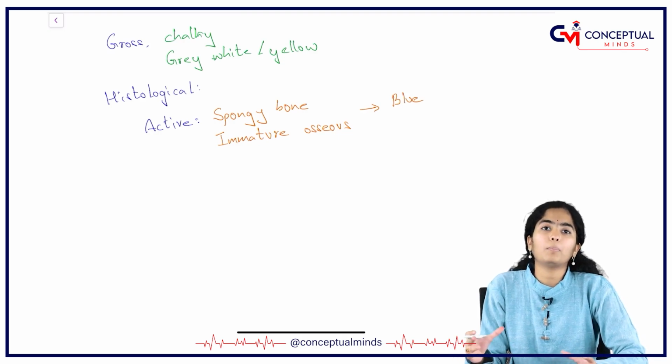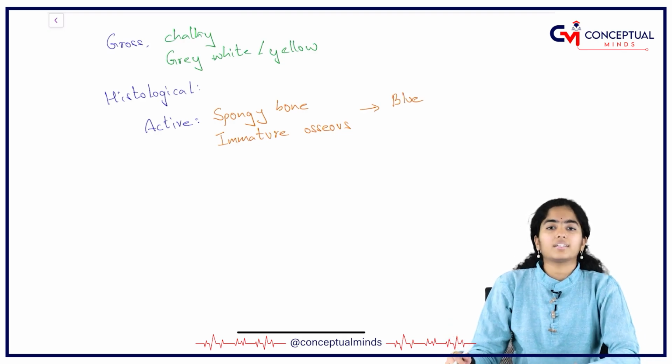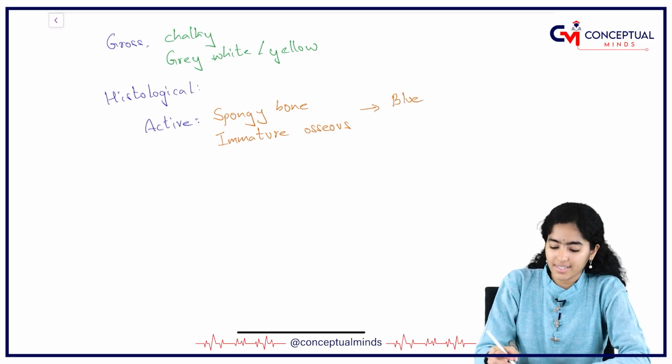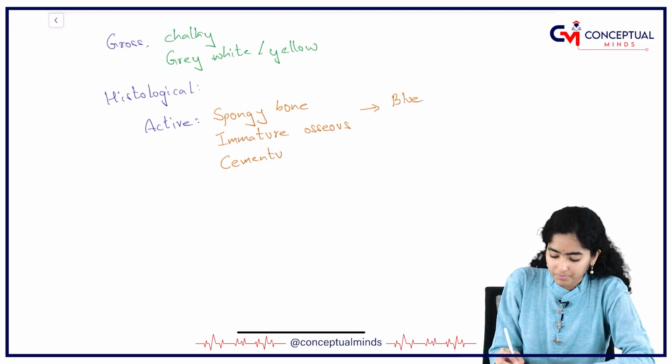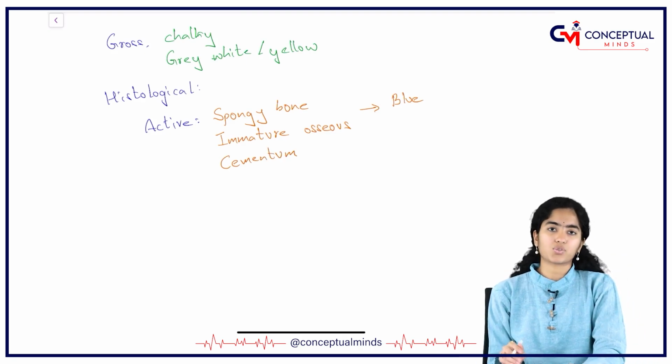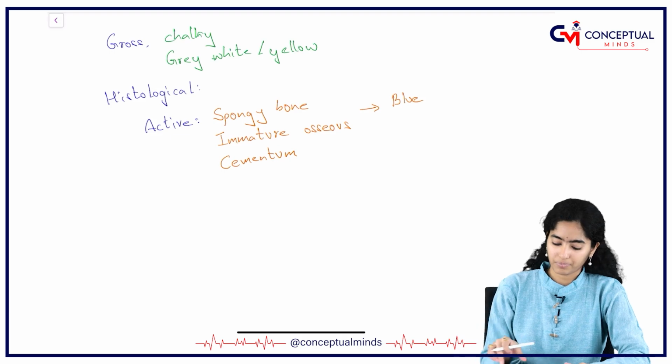They are called blue mantles. Another feature that we see in the active immature stages is a lot of cementum, and this cementum is responsible for giving the blue color.